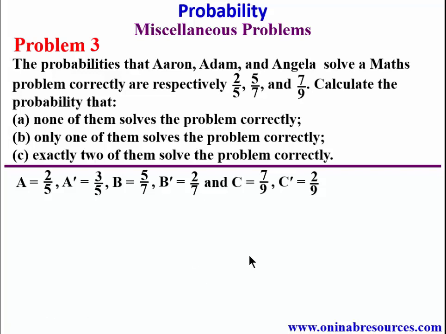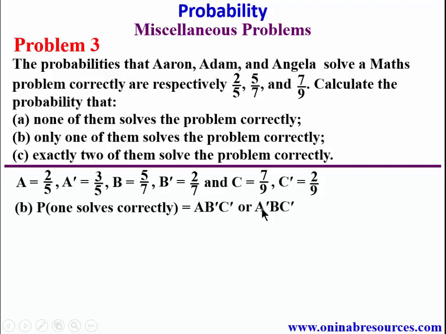Then we go to B part of the problem. The B part of the problem says only one of them solves the problem correctly. So since it is probability of only one solves correctly, what we do now is it is either only A solves it correctly, B does not solve it correctly, and C does not solve it correctly, or A does not solve it correctly, it is only B that solves it correctly and C does not solve it correctly, or A does not solve it correctly, B does not solve it correctly, it is only C that solves it correctly.